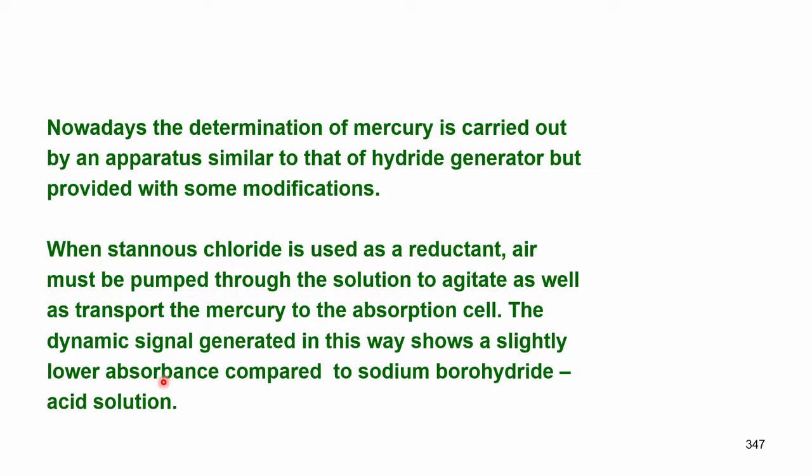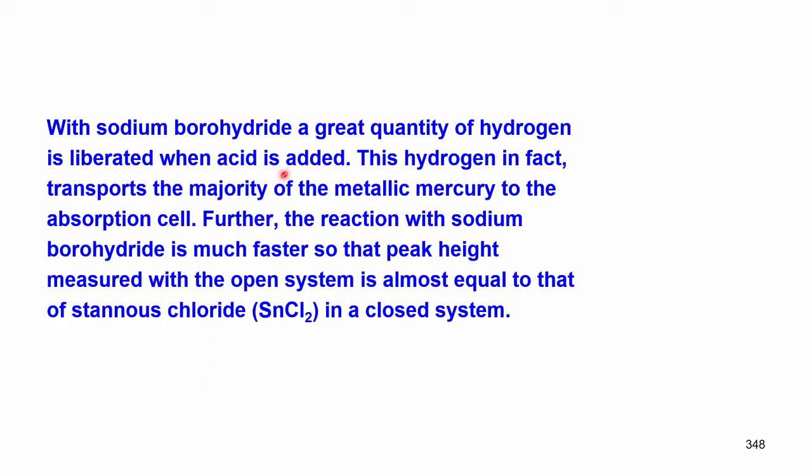ions into atoms. With sodium borohydride, a great quantity of hydrogen is liberated when acid is added. This hydrogen in fact transports the majority of the metallic mercury into the absorption cell, so it is helpful. Further, the reaction with sodium borohydride is much faster, so the peak height measured with the open system is almost equal to that of stannous chloride in a closed system.